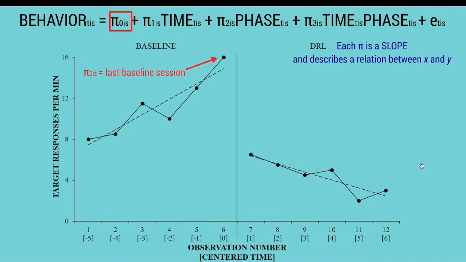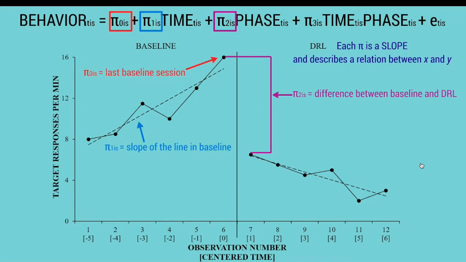Pi sub 1 is the time variable, and this is interpreted as the slope of the line in baseline. So it tells you how much behavior changes over time, but just in that baseline phase. Pi sub 2 is the relation of the phase variable with the outcome, and it can be interpreted as the difference between baseline and DRL.